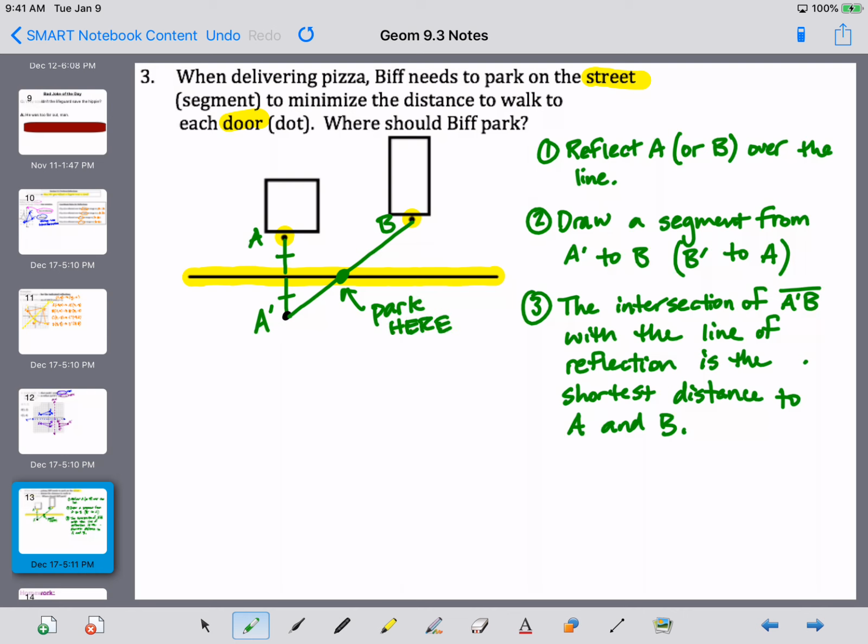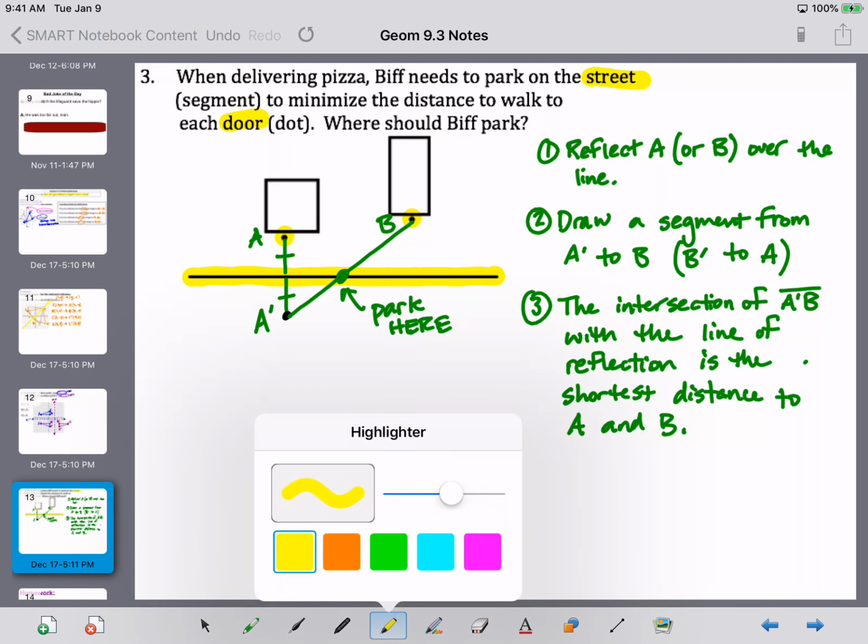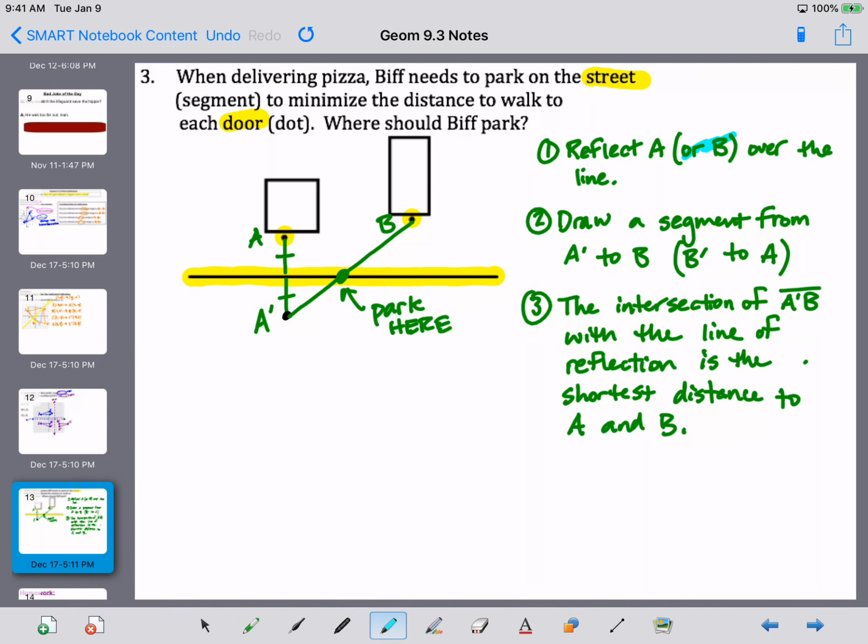Now, here's why it doesn't matter which point you would have picked. Let me do this in a highlighter here just to show you the other route. What if we took this point B and reflected it? I'm going to try to estimate the distance there. So this would be our B prime, and in step 2 we would draw a segment from B prime to A. So we're seeing what happens if we would have picked the other point.